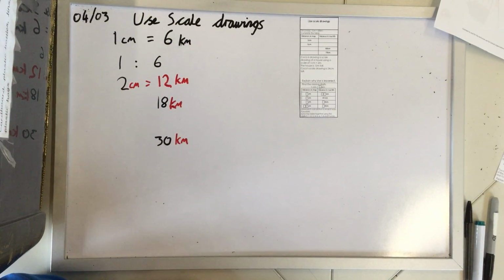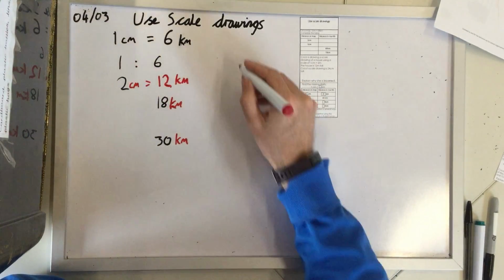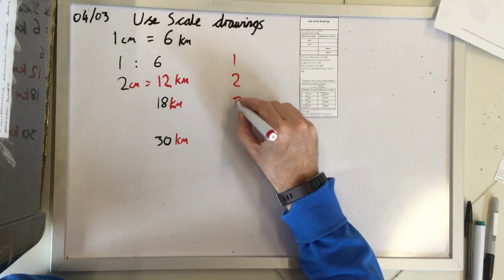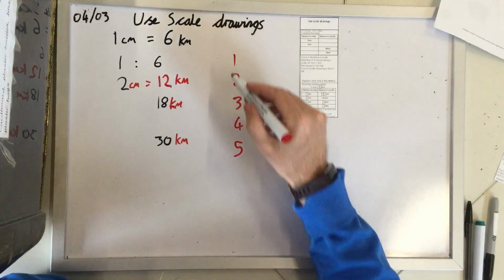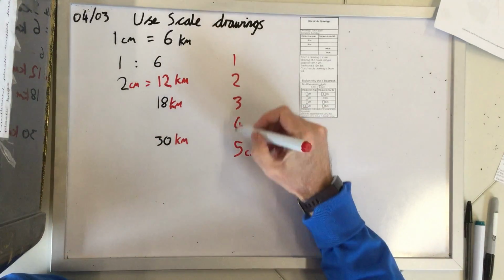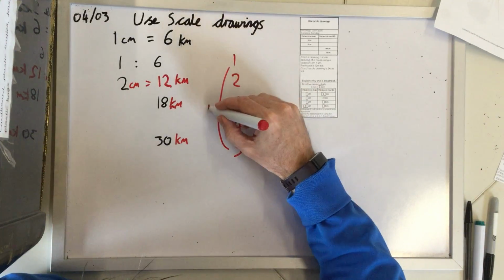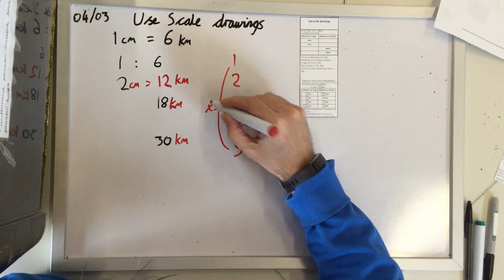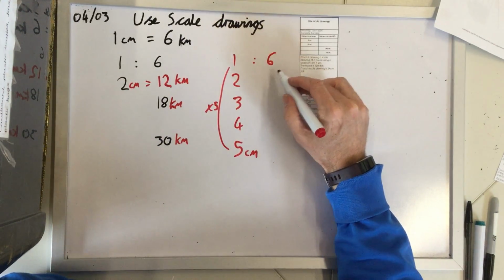You can work your way up, 1, 2, 3, 4, 5. Or what you can do, if you know you're looking for 5 centimetres, you can multiply the 1 there, and you do the same on the other side.